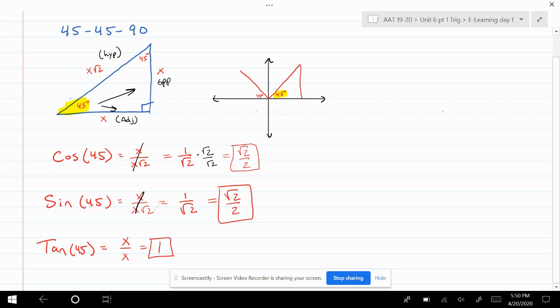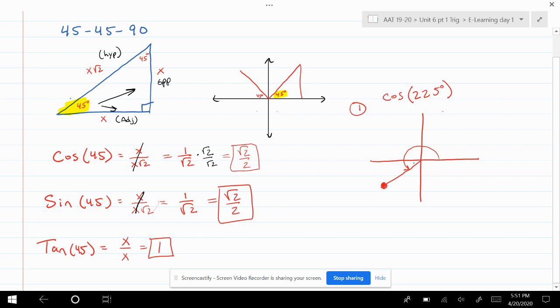And we'll start giving you problems in other quadrants as well. Like I could give you something over here and talk about, well, what's the cosine of 225 degrees? Well, 225 degrees would be all the way out here, like so.